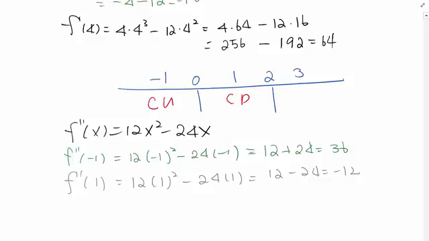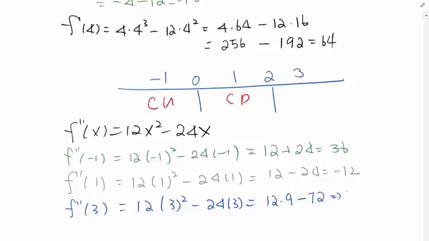Now 3, so f second prime of 3 equal to 12 times 3 squared minus 24 times 3, is 12 times 9 minus 72, so equal to 108 minus 72, so equal to 36. Which means here is concave up.